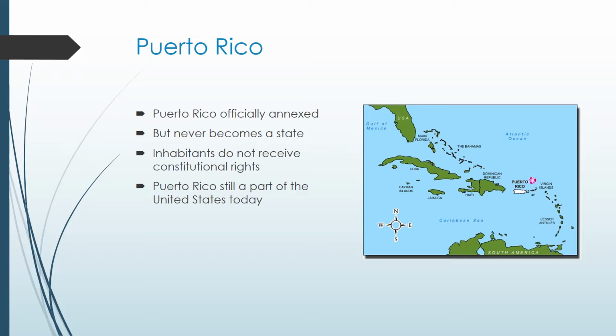And so the question is, does everybody that the United States takes over automatically get rights? And in Puerto Rico, the answer is no. And still today, people who live in Puerto Rico don't have all the rights of people who live in states in the United States.